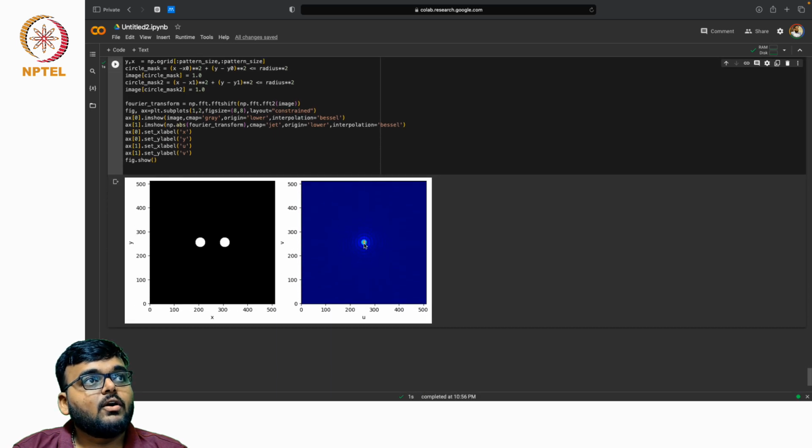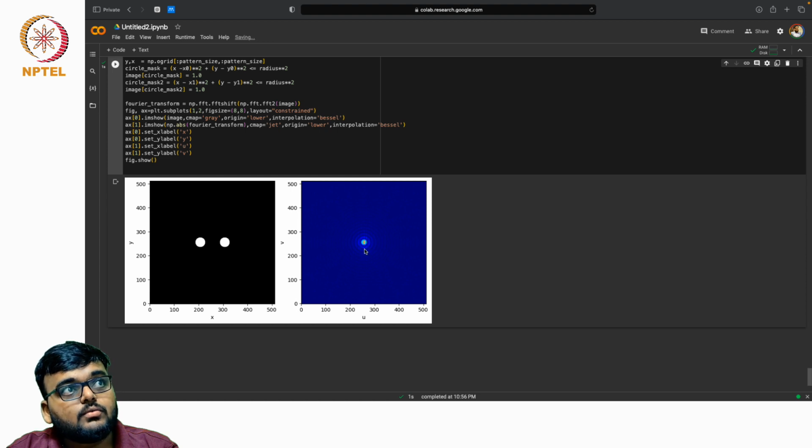See, we got more resolution, meaning the fringe pattern narrowed: the first fringe, or the first lobe, is narrower than the previous one.